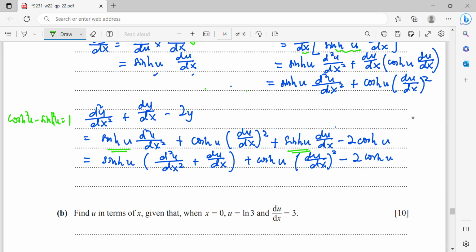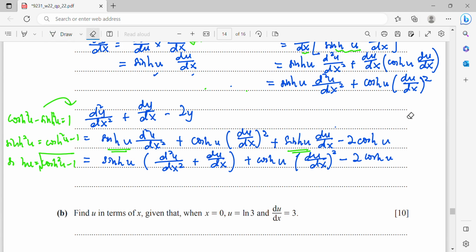Now I'm getting sin u here, so it means that sin²u equals cos²u minus 1. Okay, so sin u is the square root of cos²u minus 1.